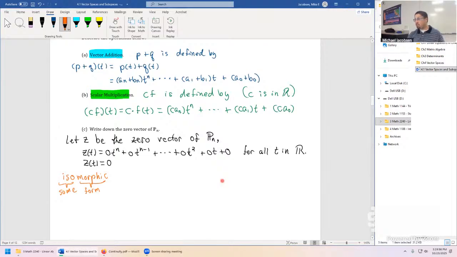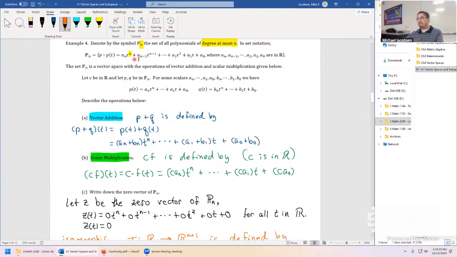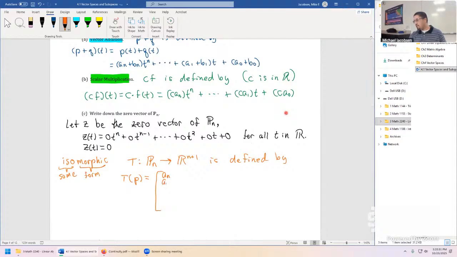If we did a transformation that looked like this, T goes from Pn to R^(n+1), defined by T takes a function p and outputs an, that's the coefficients that we defined up here, the next entry is a(n-1), all the way down to a2, a1, a0.